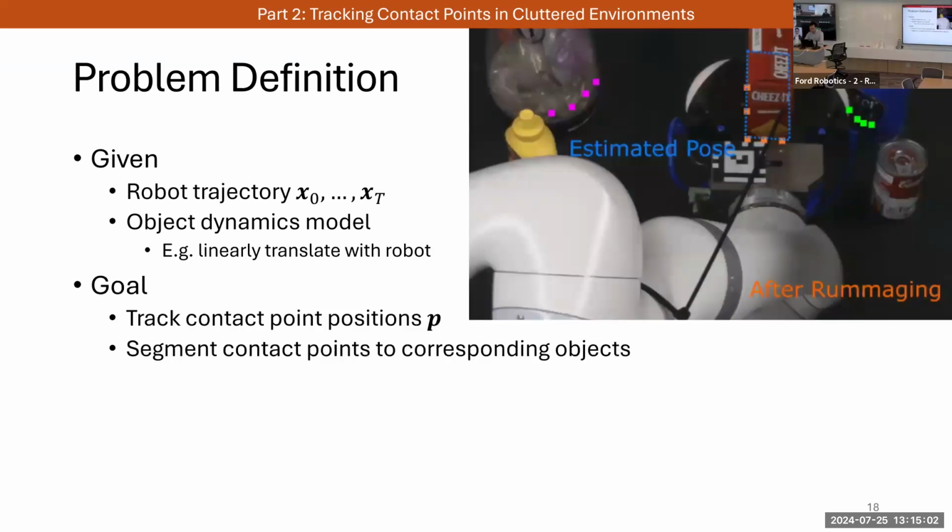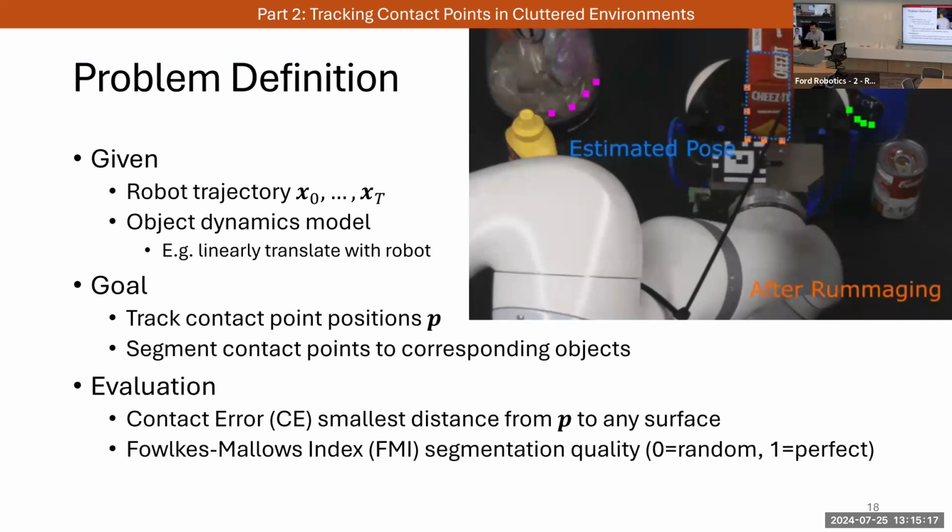Our goal is to track the position of all contact points made and segment them into corresponding objects. In the diagram here, the different colored points represent the segmentation of the tracked contact points. We're going to evaluate the tracking quality with contact error, which is the smallest Euclidean distance from a contact point to any surface, as well as the Fowlkes-Mallows Index, FMI, which evaluates segmentation.